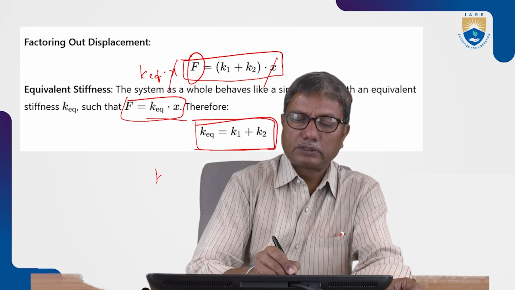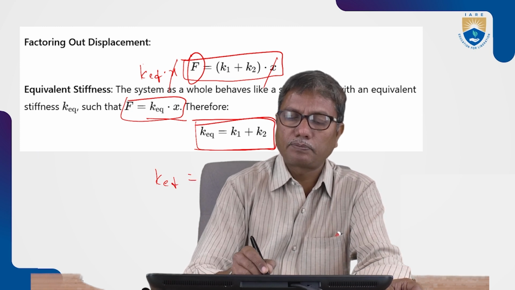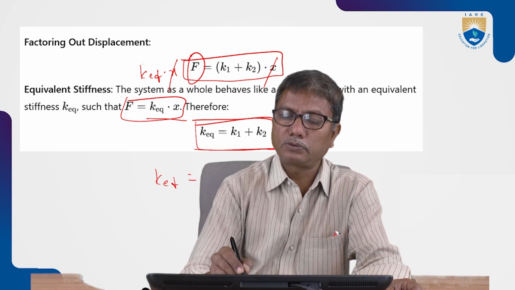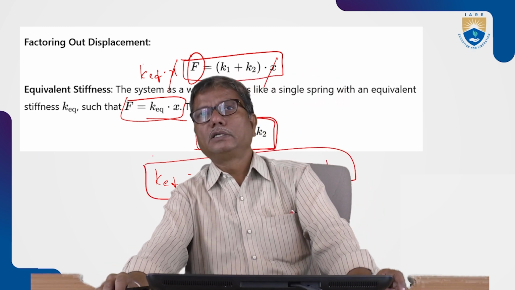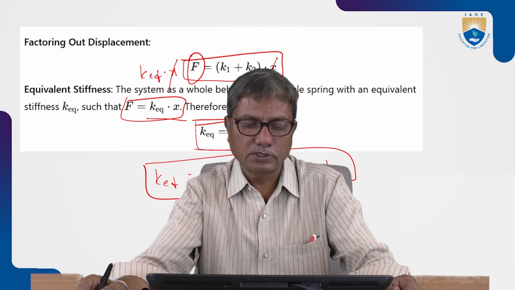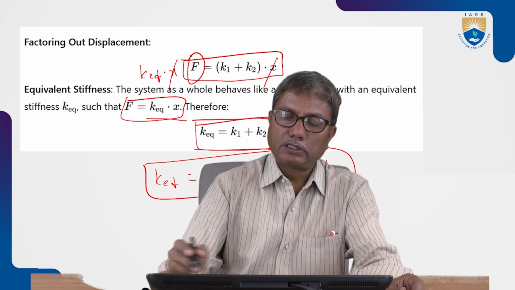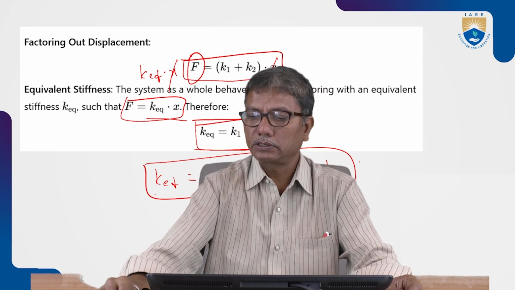If there are n number of springs, we can generalize this as K1 plus K2 and so on up to Kn. When there are n number of springs connected in parallel, we can find the effective stiffness or equivalent stiffness simply by adding the stiffnesses of all the springs.